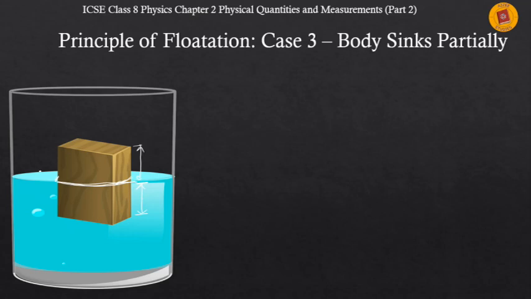So the weight W of the body will balance the buoyant force Fb, which is given by the amount of liquid displaced by this sinking portion. The portion of the object which is below the surface of water, the water displaced by only this portion will be balancing this W.